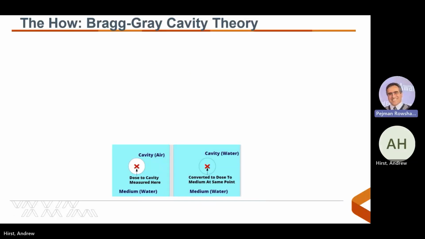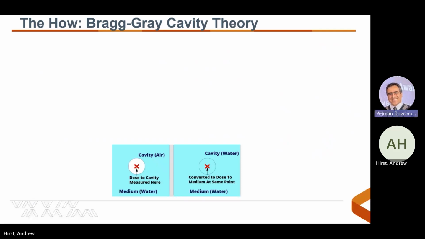So shifting a bit towards what's called Bragg-Gray cavity theory. This was a theory I think developed in the 60s to try and relate quantities measured in a cavity, so in an air cavity, for example, an ionization chamber, relating the quantity of charge measured in that cavity to dose in that same spot as if the cavity wasn't there.